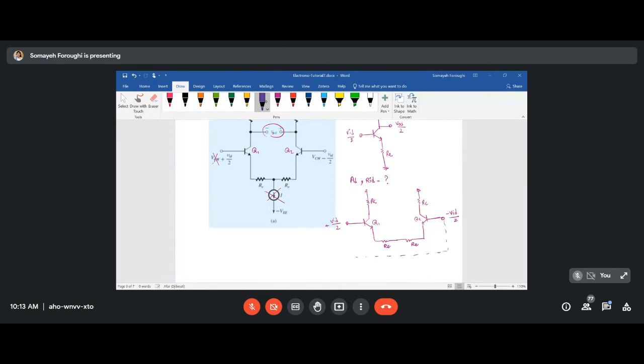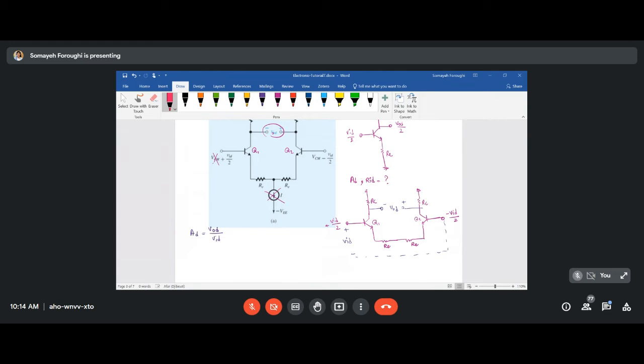If they are connected, then the voltage here will be simply VID instead of VID over 2. Then if this is your VID, according to the given circuit, here is VOD. For finding AD, the differential gain, you need to find VOD over VID.